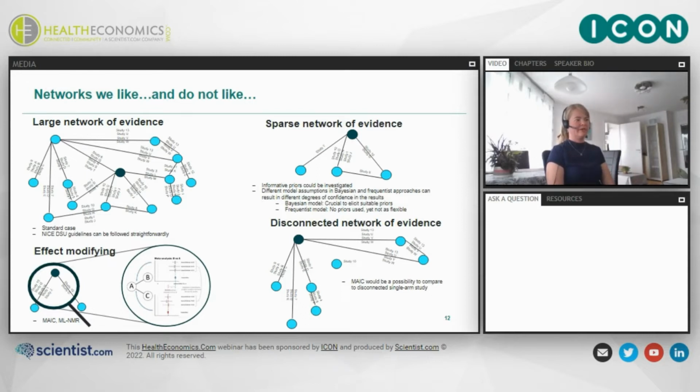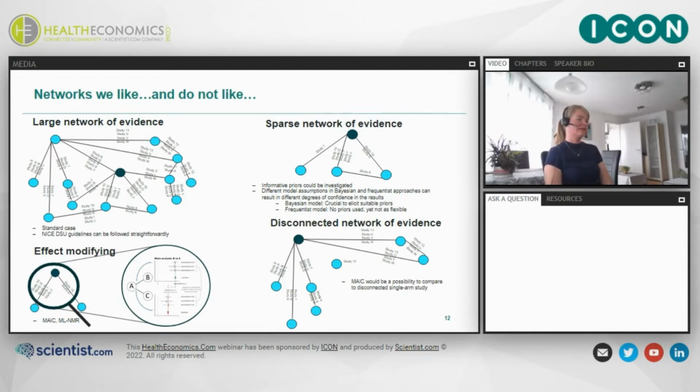But if our network is rather sparse, like you can see in the upper right corner, where we only have a limited number of comparators and a limited number of studies informing the network, we have to think about alternative methods, for example, using informative priors or a frequentist approach such as the Bucher method or a frequentist fixed effects model. Sometimes the network of evidence is also disconnected, like you can see in the right lower corner, where a study is disconnected.